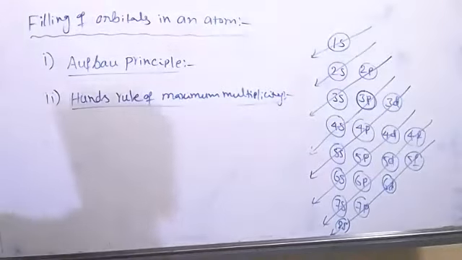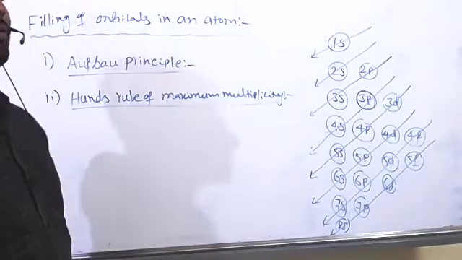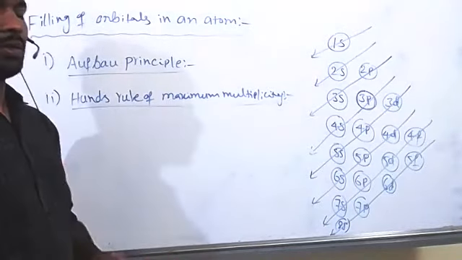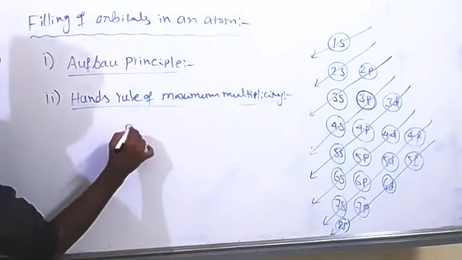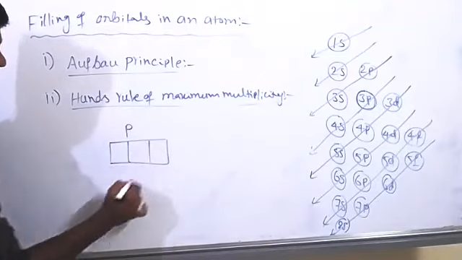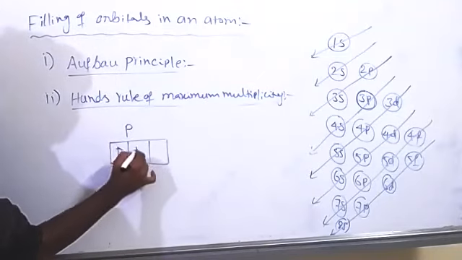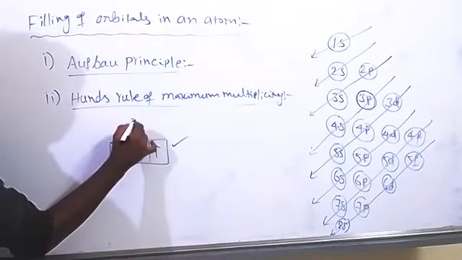I think you know this. Electron pairing does not take place in a p orbital, even in d and f orbitals, before half filling. Suppose a p orbital: first electron goes here, second electron, third electron. This is the correct filling, p3.